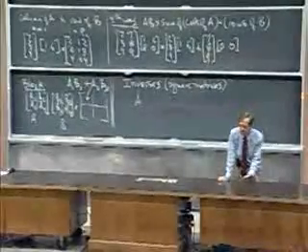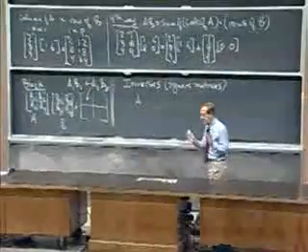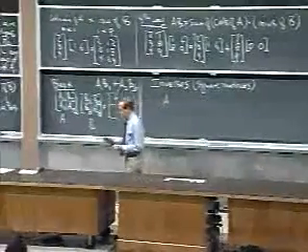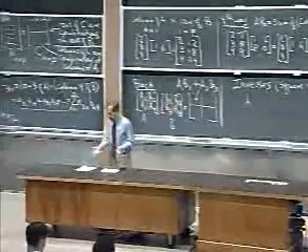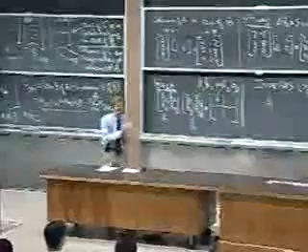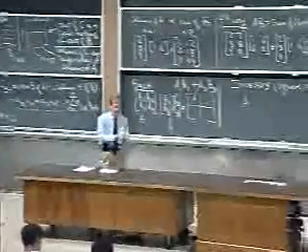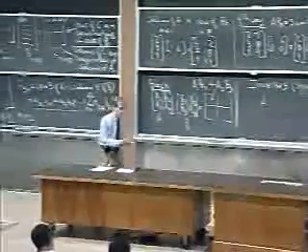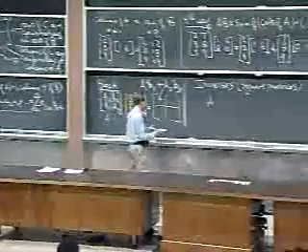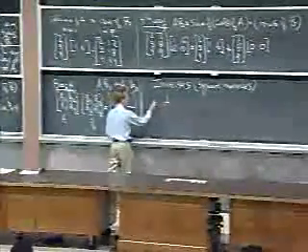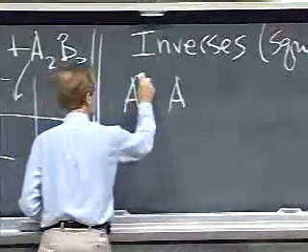Not all matrices have inverses. In fact, that's the most important question you can ask about a square matrix: is it invertible or not? If it is invertible, then there is some other matrix, shall I call it A inverse?